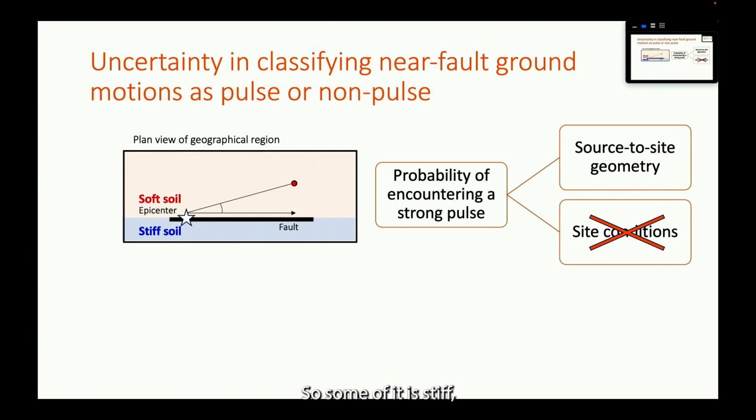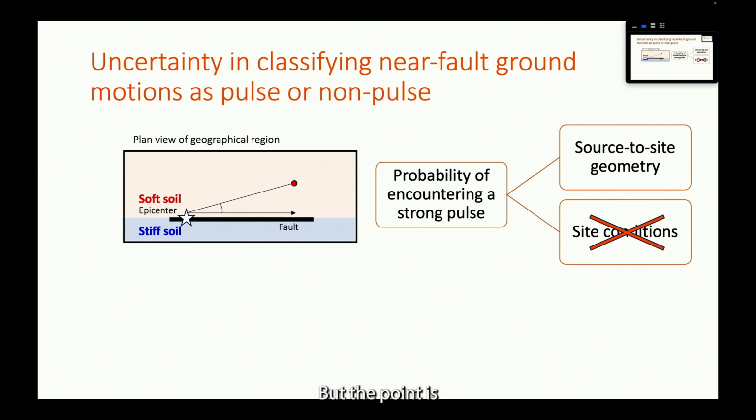So some of it is stiff, some of it is soft, and the idea is that it's sort of representative of a lot of different locations where you would have a shallow basin on top of rock conditions, but not necessarily representative of an actual geology.